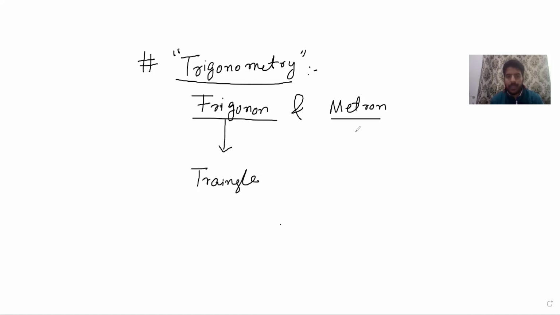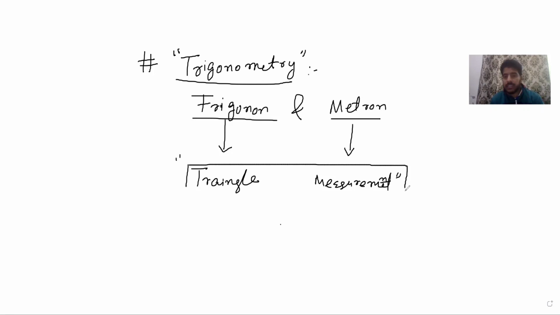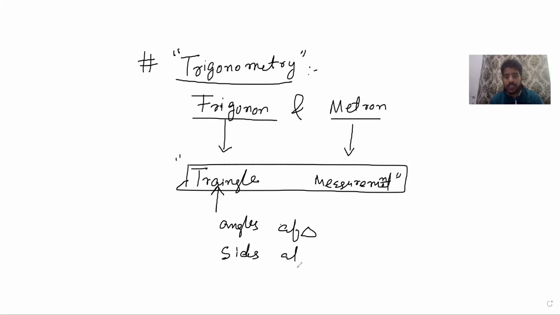Triangle, and metron means measurement. So basically, trigonometry deals with the measurement concerned with your triangle, and that measurement can either be the measurement of angles of a triangle, or measurement of sides of a triangle.